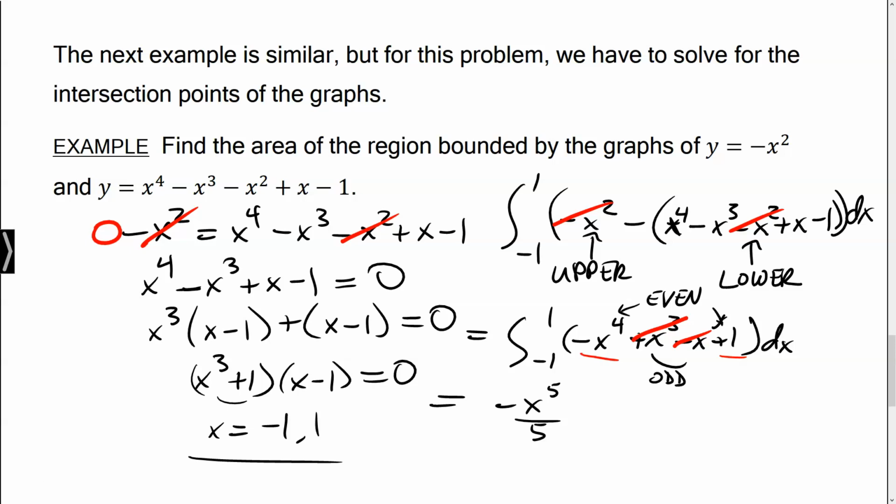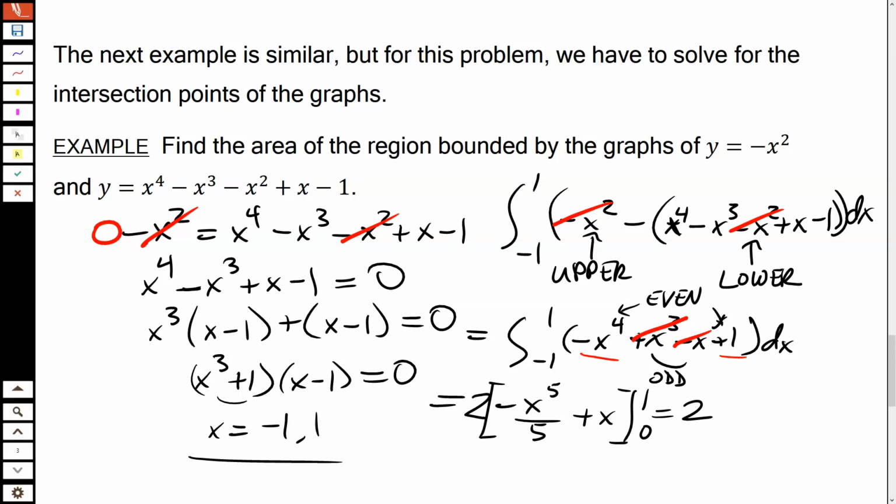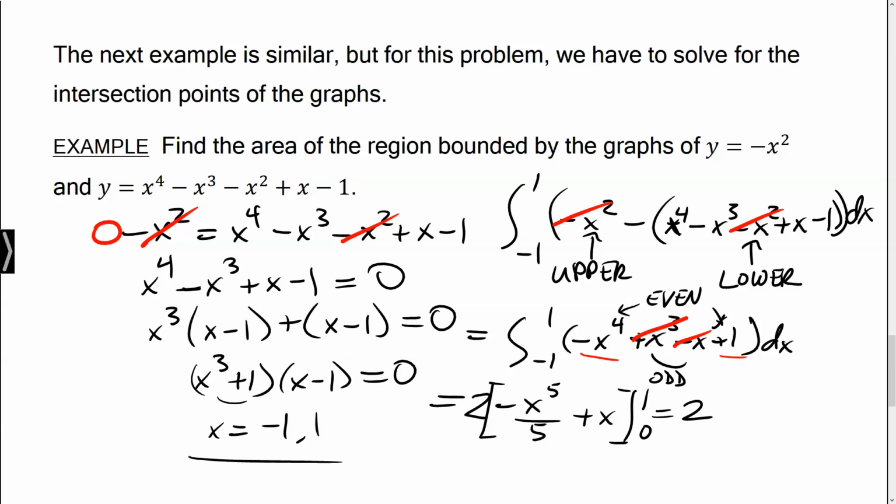So we get minus x to the fifth over 5 plus x from 0 to 1, provided we take 2 times it. So that's going to be 2 times. And the nice thing about this is that at 0, we know all those terms evaluate to 0. So that saves us computation.